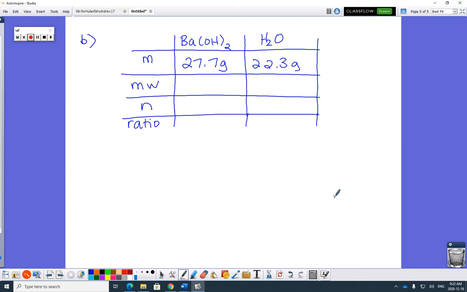So again, maybe you are good at molecular weight or molar mass and you don't want to show your work. That's totally fine. Maybe you've made your chart big enough to show it in there. Maybe you like to show your work at the side. Whatever you want to do, okay?